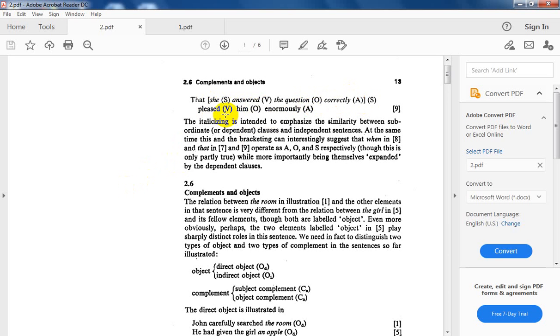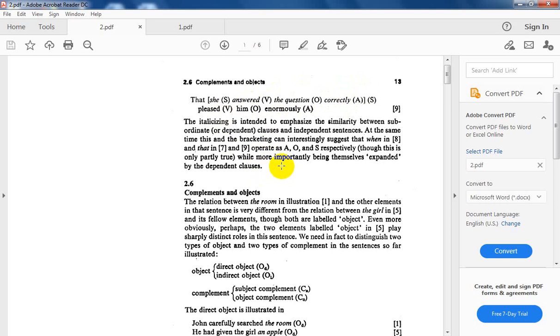That's why, saying that she answered the question correctly pleased him enormously, this that clause functions as a subject, and at the same time it is another sentence. This subject is a clause consisting of SVOA. Again, I have the A for the original sentence.